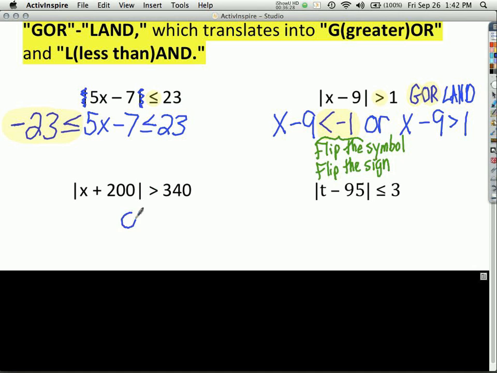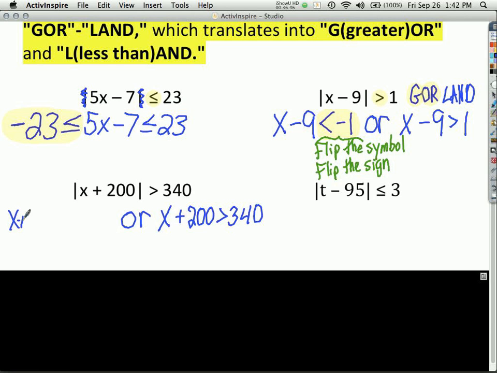So we can immediately write the word or in between, copy the exact same inequality but drop the inequality symbol, and then rewrite it again but do the two little adjustments. Flip the symbol, flip the sign.